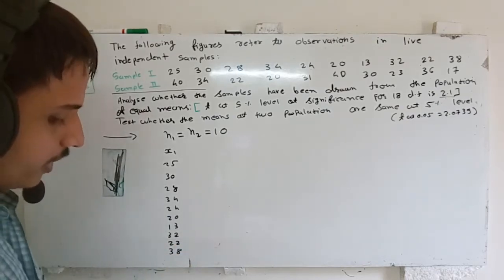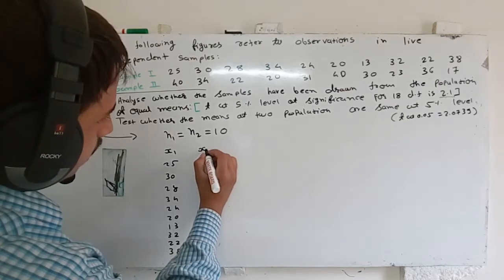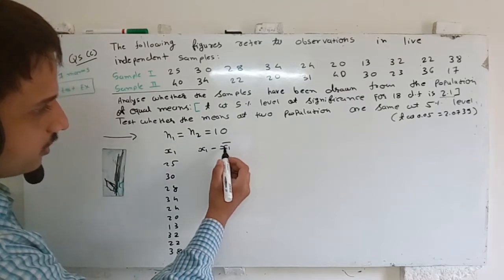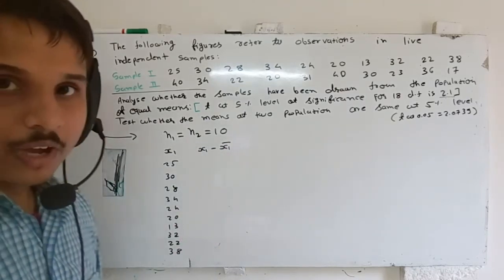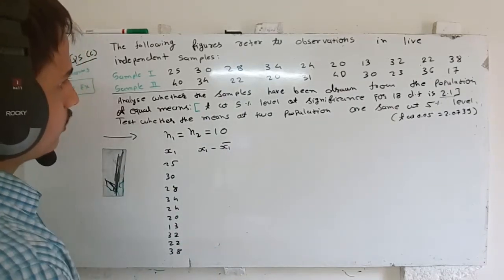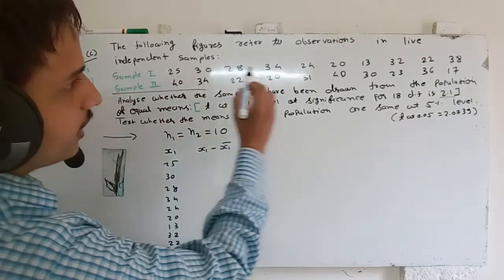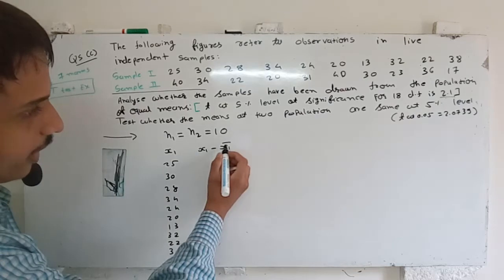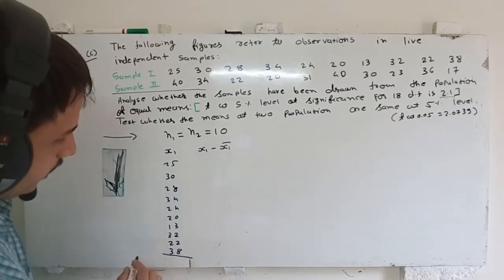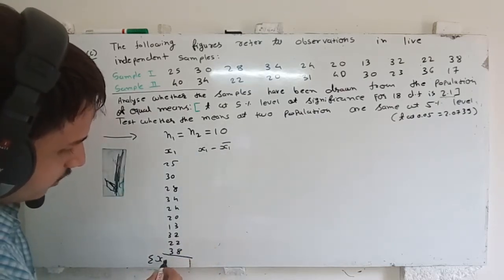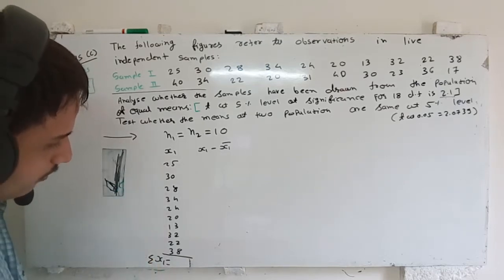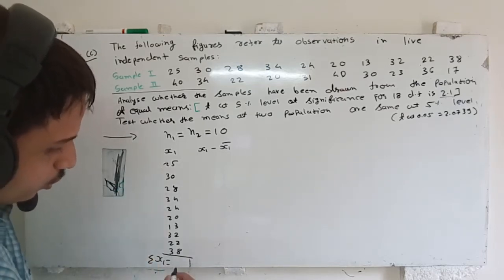Then after we will calculate x1 minus x1 bar. Now x1 bar is the mean value for sample 1. So we will sum up all these datas and divide by the total number of datas to get x1 bar. So first we will take the sum of all the datas. Summing up the values of this column you will get 266.